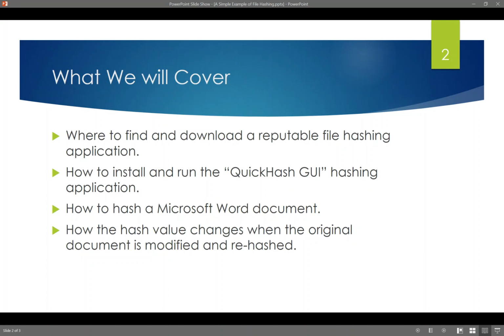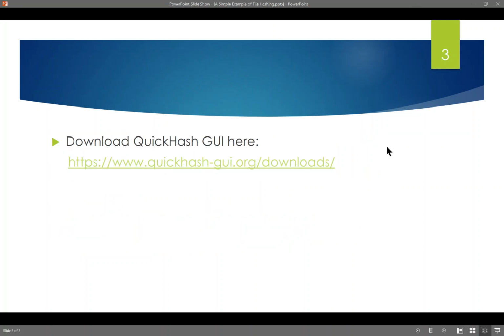The last thing we're going to do is modify that document a third time, change it back to its original contents, save it, and hash it again, and take a look at those values and see how they change between the various hashings of the file. This is where you can go to download Quick Hash GUI at this URL.